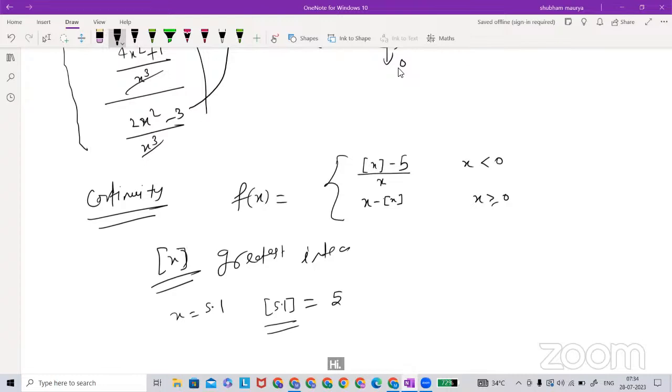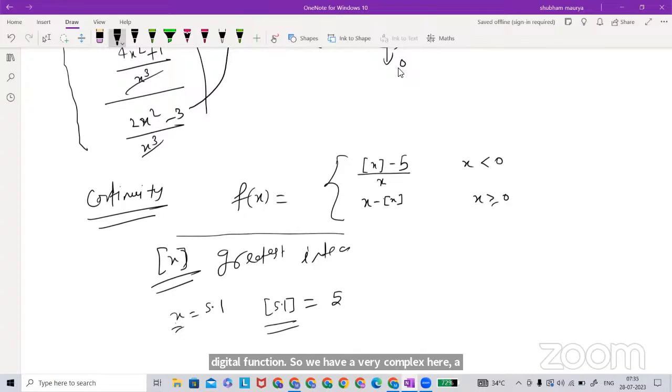This function gives the greatest integer less than or equal to x. It will not go beyond it. So we have a function that looks stepwise and very complex. How will we deal with this? We want to find where the function is not continuous.